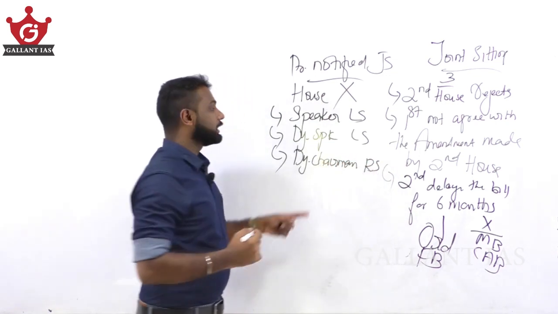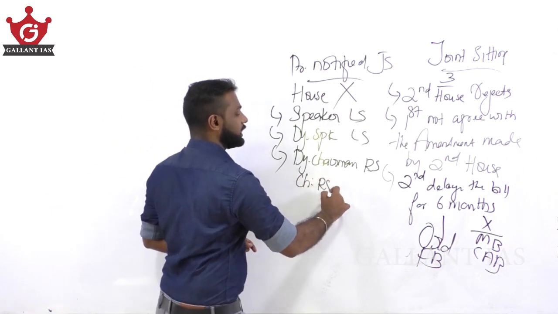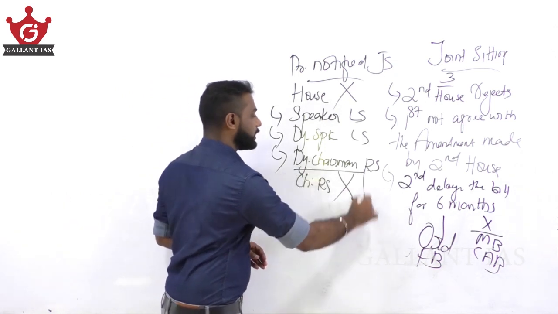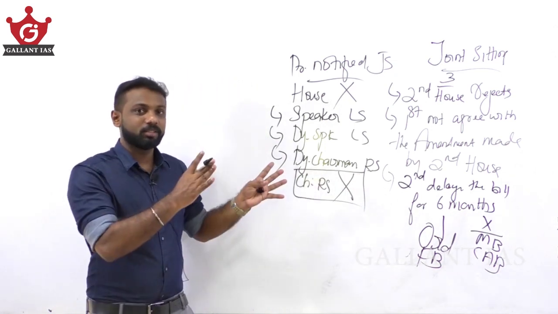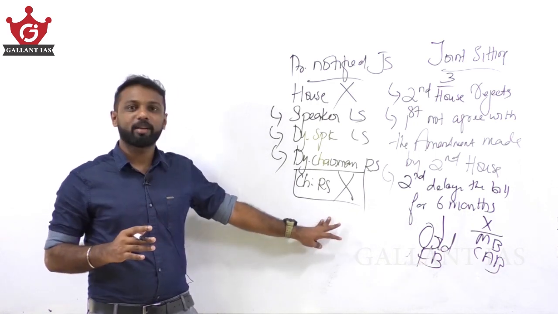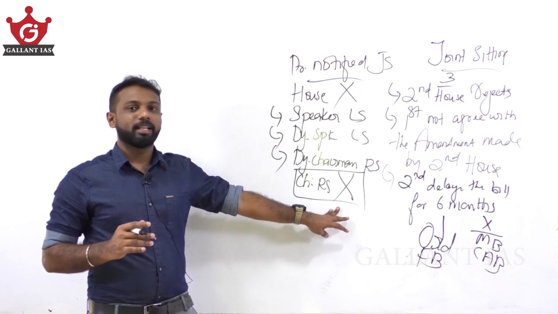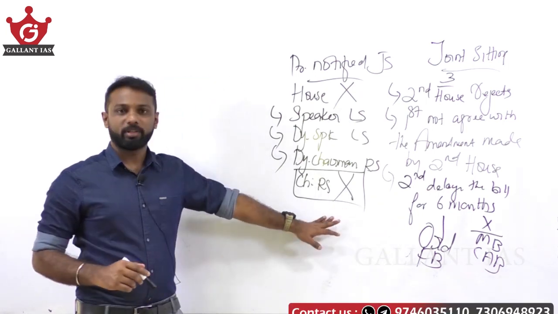Please note that the Chairman of Rajya Sabha does not preside. Why? The Chairman of Rajya Sabha is not a member of the House. The Vice President of India is the ex officio Chairman of Rajya Sabha, and he or she is not a member of Rajya Sabha. So in a joint sitting, the Chairman of Rajya Sabha does not preside.